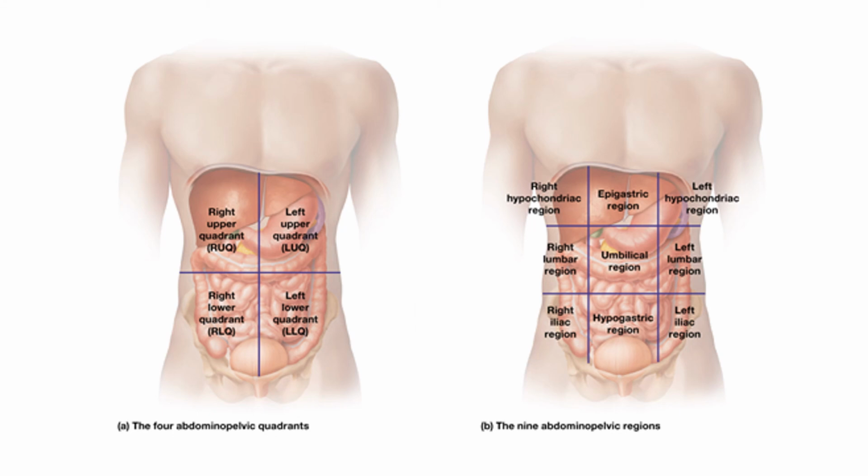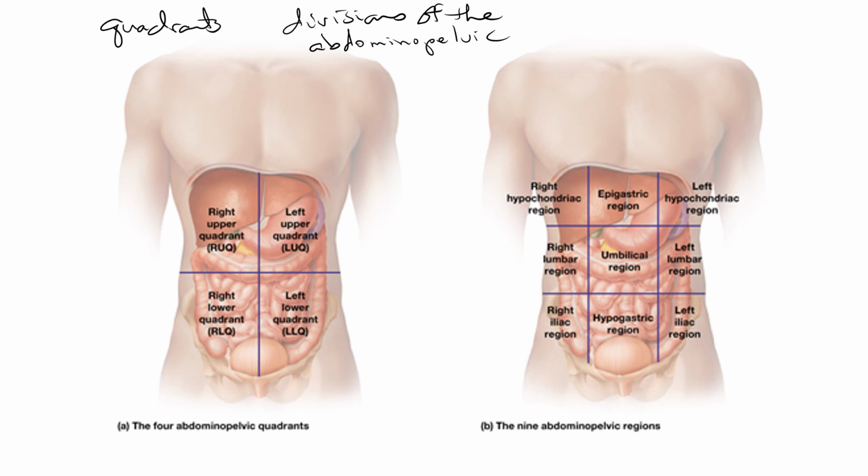Okay, quadrants. Here's quadrants. And these are divisions of the abdominopelvic cavity. And this is the 9 divisions, or I like to call it the tic-tac-toe grid.